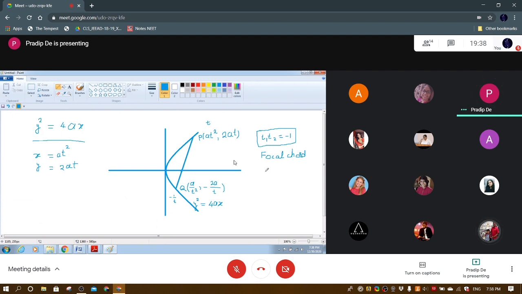Replace t with minus 1 upon t. What do you get? A by t square, minus 2a by t. Yes.